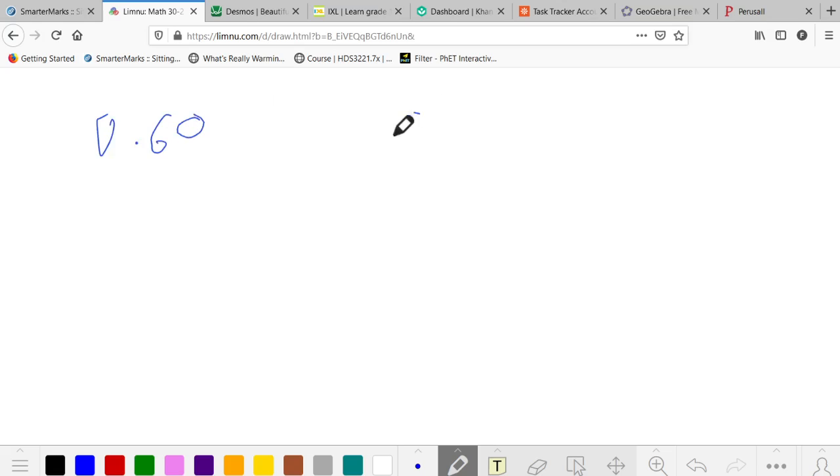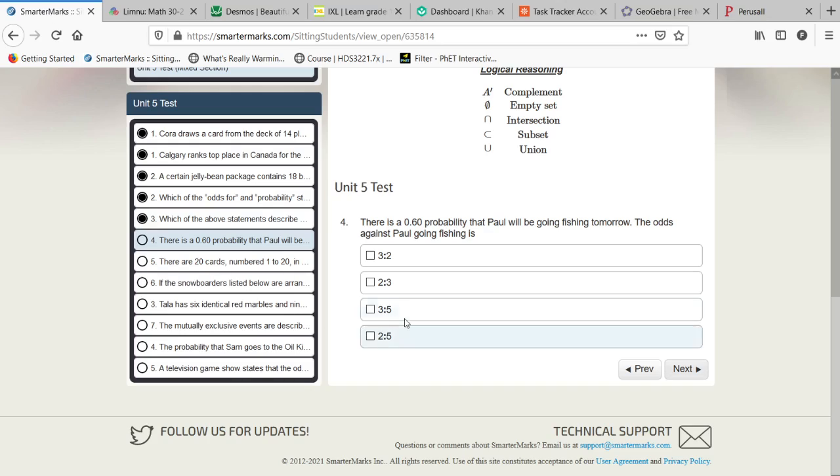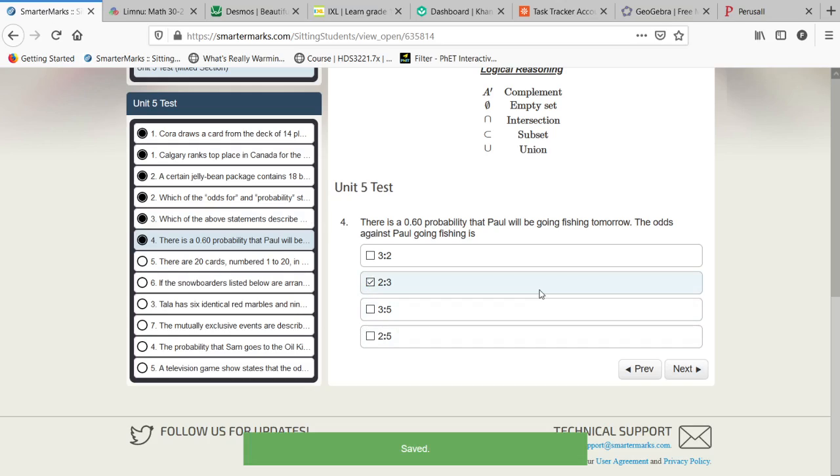So the probability of not going fishing is 0.4, which we can write as the fraction 2 over 5. But then for odds, it's 2 compared to 5 minus 2, which is 2 to 3, as we are now seeing in the chat. So 2 to 3 are the odds against Paul going fishing.